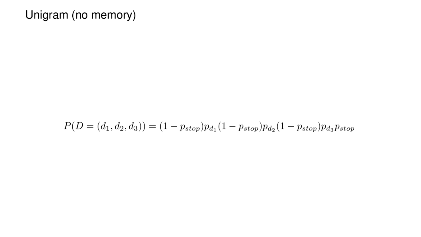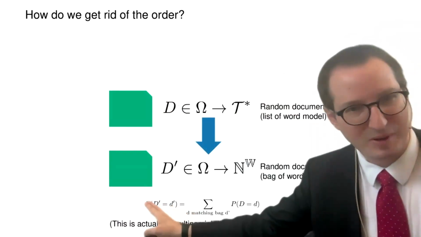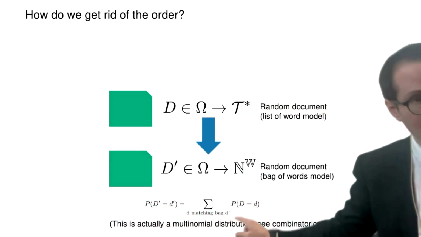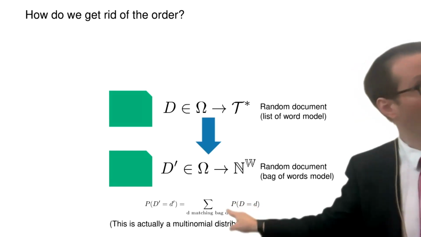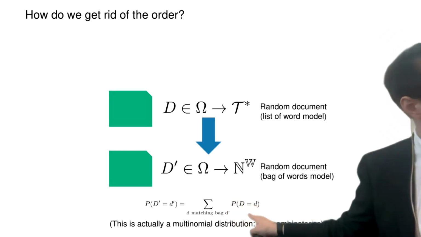If I compute the probability of D2, D1, D3, or D3, D1, D2, I'm going to get the same number. Do you agree? Just because it's commutative. So that means if I look at this formula right here, I'm looking at a specific bag, at all the possible orderings, but what I'm adding here is always the same number, because it doesn't depend on the order.